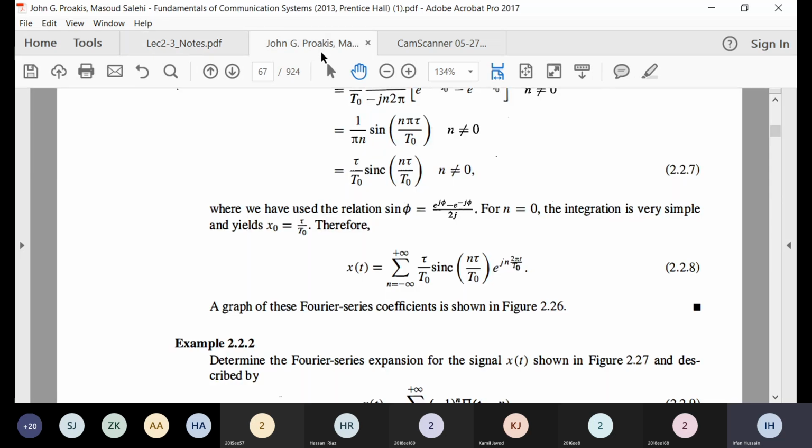So it was written here also, see. For n is equal to 0, you can very well see that the integration is very simple, and x naught comes out to be tau over t naught. So for n is equal to 0, sinc 0 is 1, you will just get tau over t naught.